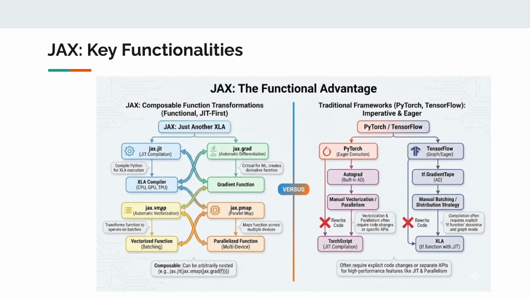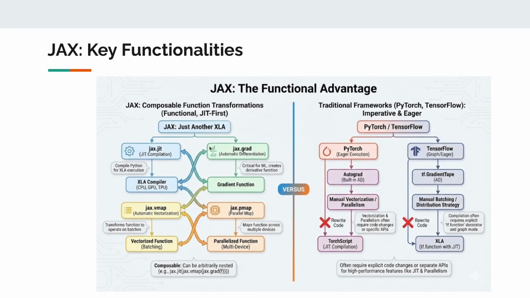Then comes vmap, which is an automatic vectorization method that transforms your function into a vectorized function able to operate on batches of data. Then comes jax.pmap, which is parallel map. This will be used to move your function across multiple devices, whether GPU, TPU or CPU. These are the four key functions of JAX.